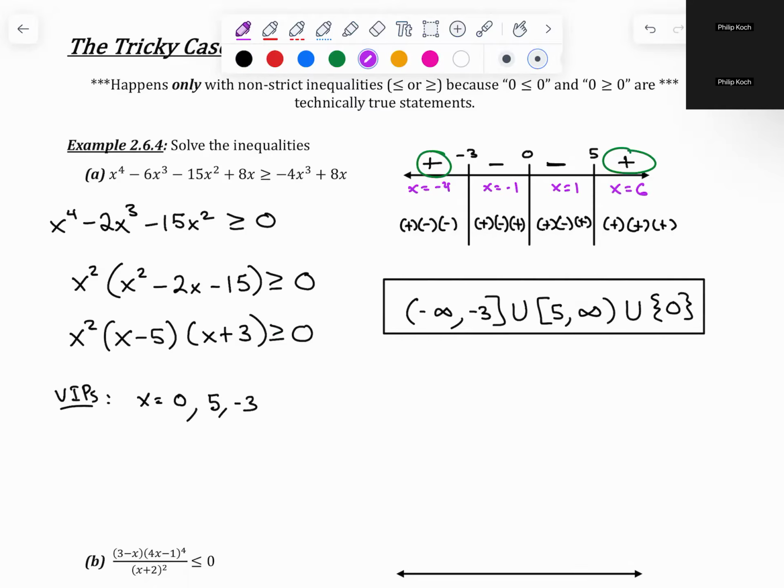And the reason why, even though the interval from -3 to 0 is not positive, and same thing for 0 to 5, 0 still solves the inequality. Note that 0 still solves the inequality.